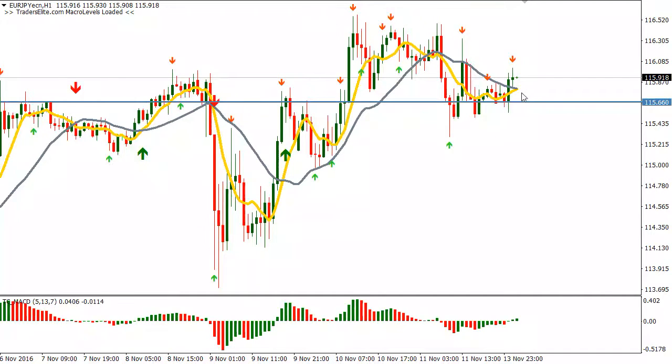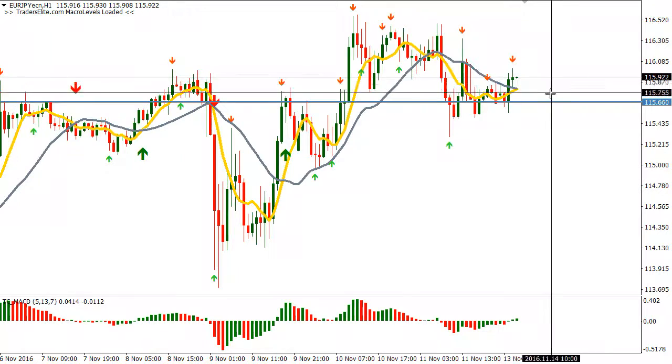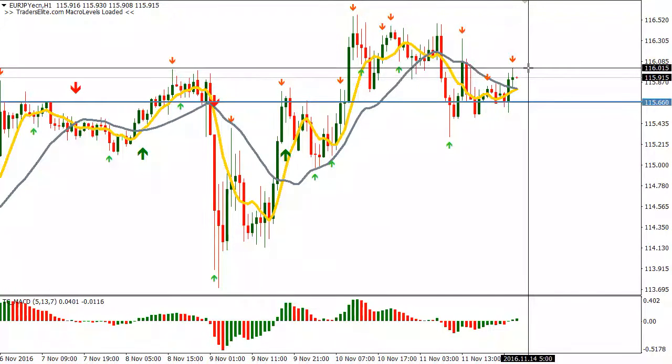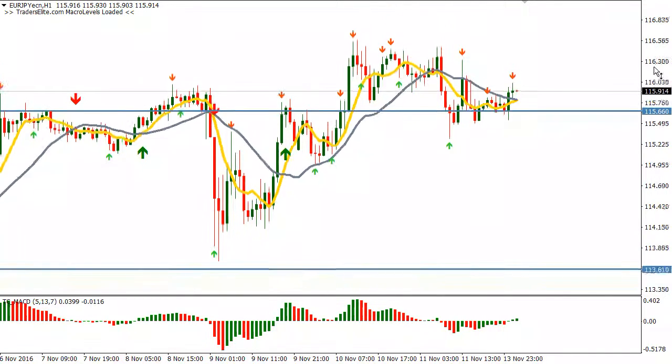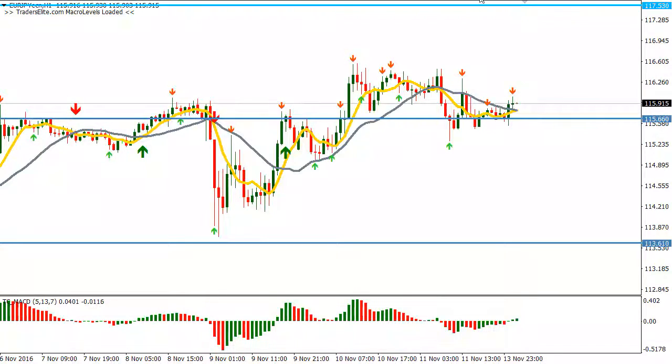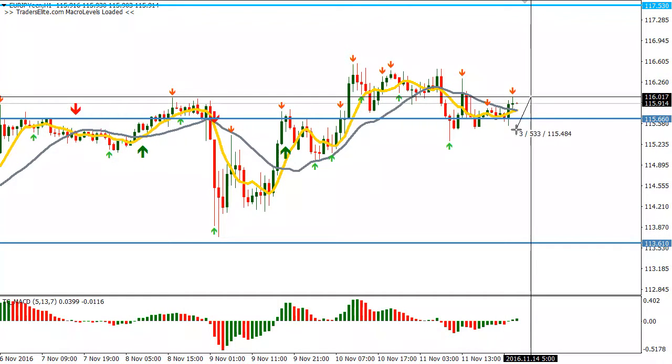It's always nicer if it's a little bit closer to the macro level, but it's still a pretty good trade. Let's say it closed up around here, then you're only looking at about 40, 45, even 50 pips for your stop, and always look at the risk reward. 40 to 50 pips for your stop. Let's say 50 just for round numbers.